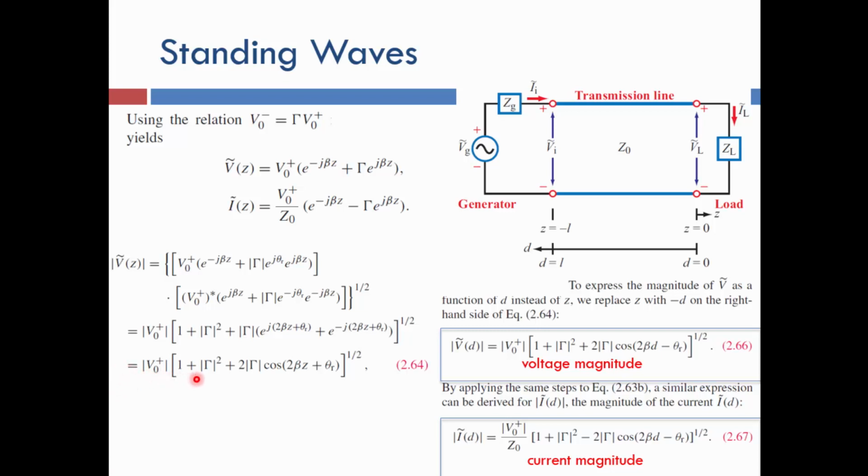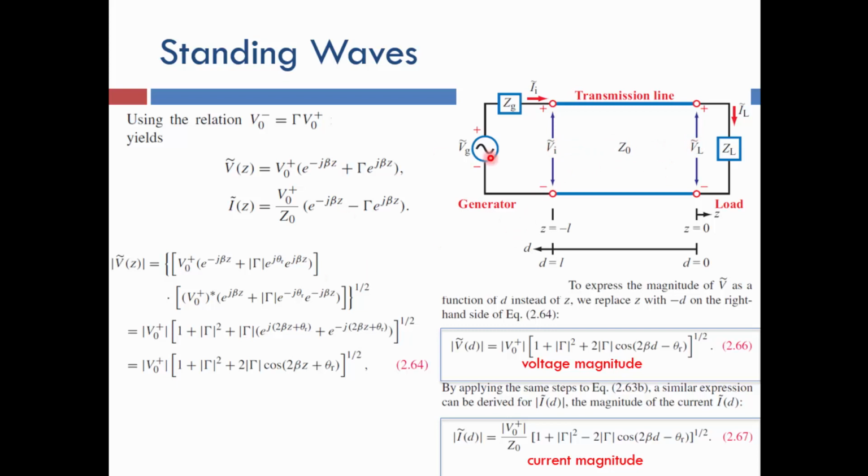It depends on the magnitude of the reflection coefficient, and this magnitude will oscillate sinusoidally, depending on the phase constant, the reflection phase between the traveled and the reflected, and definitely our variable z, the position along the transmission line.